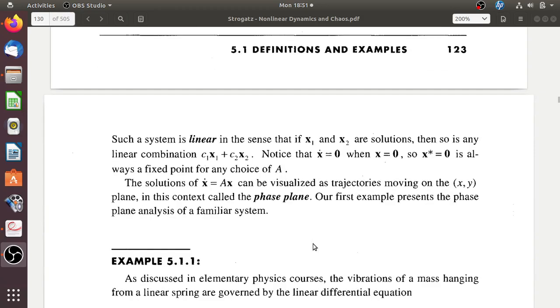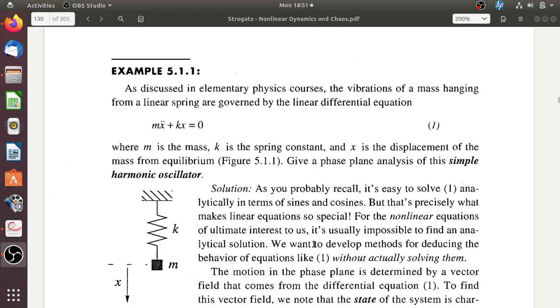Now let's take this example, which is m x double dot plus k x is equal to 0, a very well-known equation, which is a simple harmonic oscillator, right?